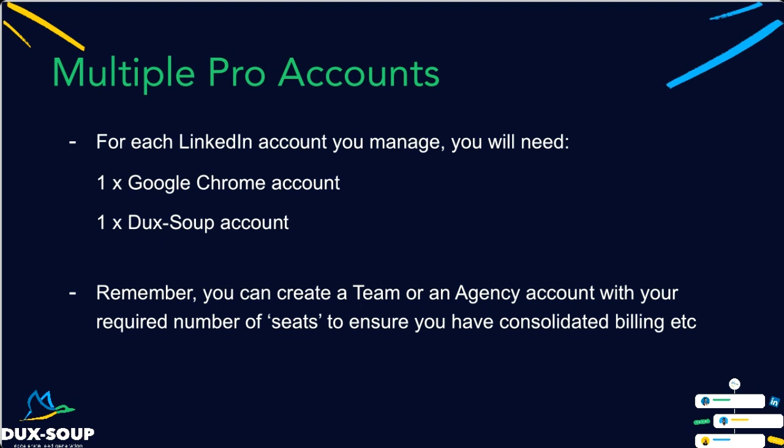And remember that you can create a team or an agency account with the required number of seats if you have consolidated billing as well, which you'll be able to visualize in just a moment. But on Dux-Soup Pro, you would download the Google Chrome extension, and then when it's downloaded there, you would need to log into the Dux-Soup account, which would require you to have a Gmail or a Google Chrome account, and you'd have multiple different ones as well.